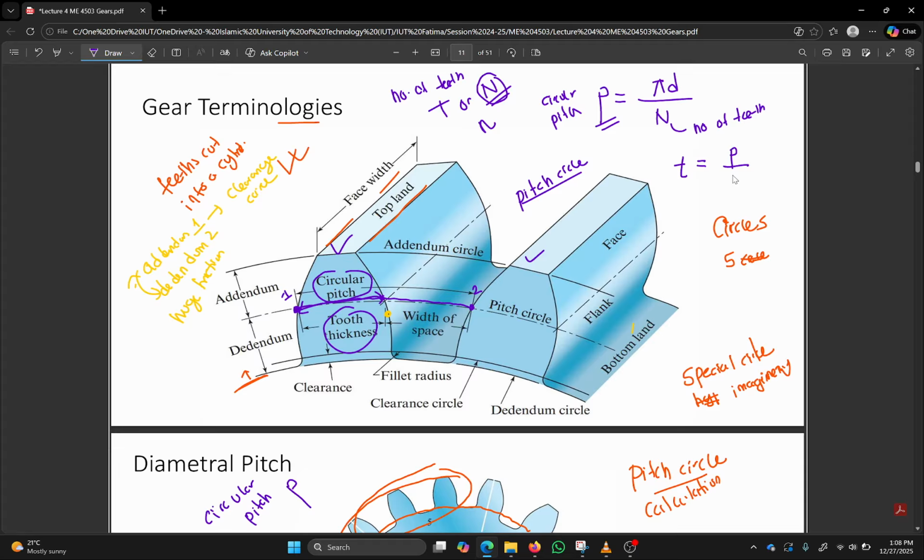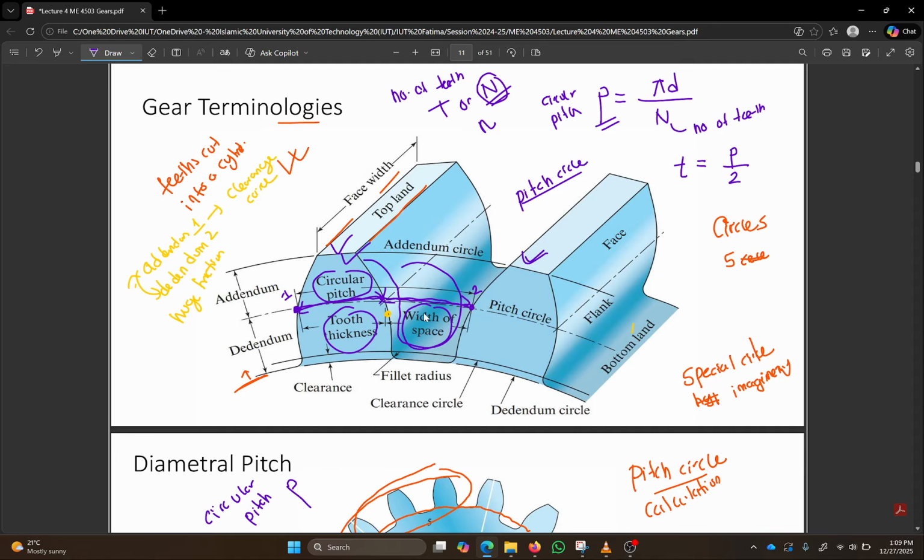Between each two side by side teeth, there is a space given here. The width of this space is called the width of space. The width of space is actually kept for the meshing.